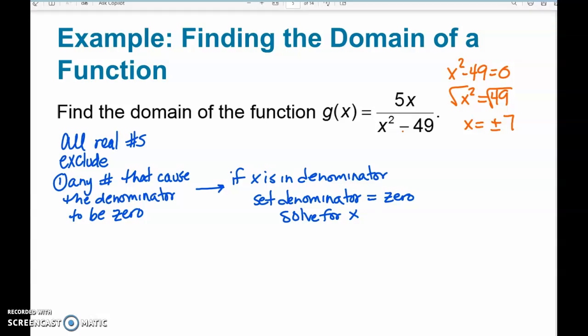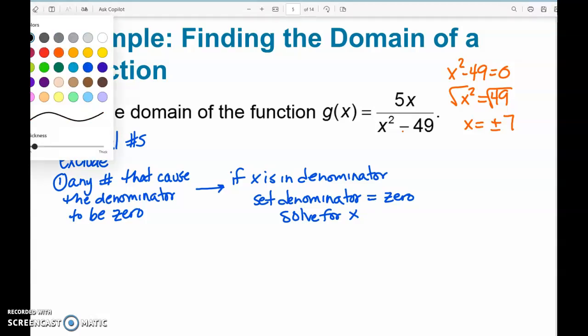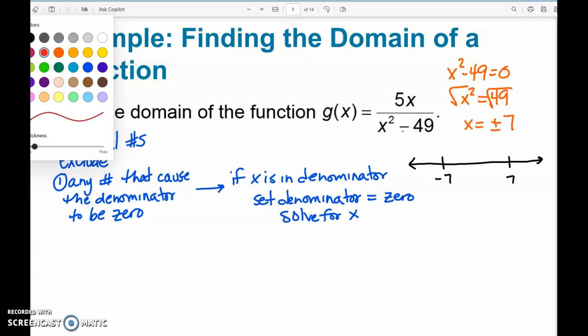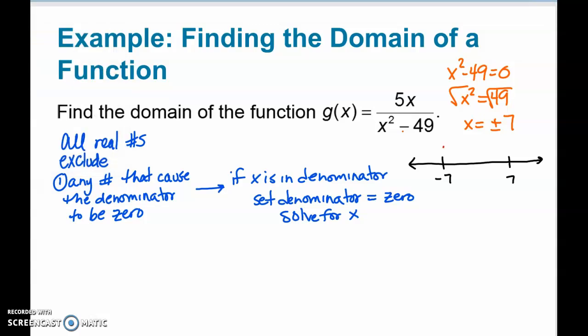So far, there are 2 numbers that make the denominator 0. And those are negative 7 and positive 7. So I need to tell my reader that my answer here so far is all real numbers besides positive or negative 7.